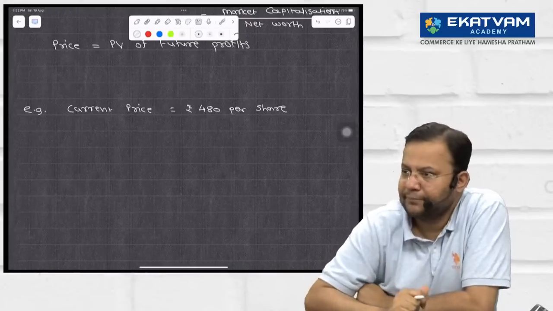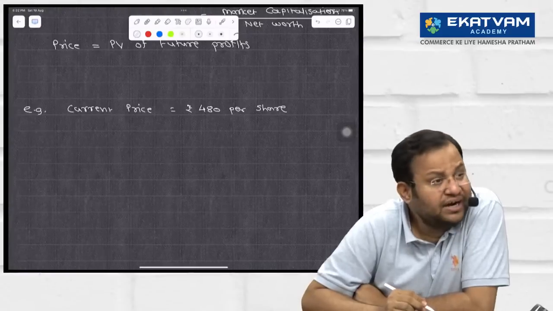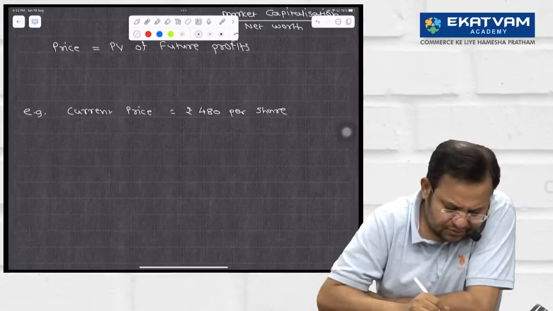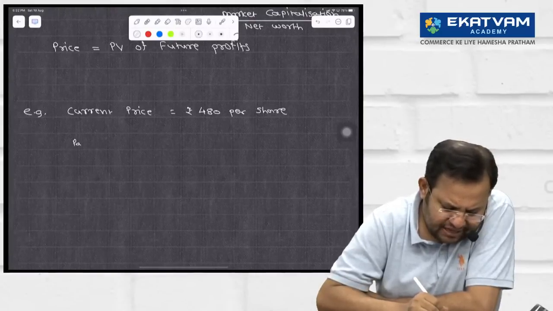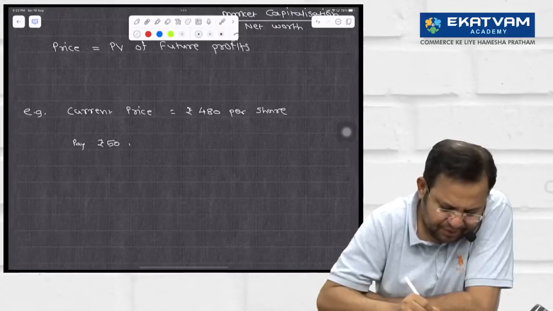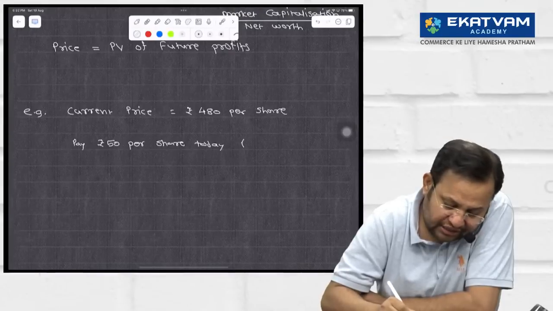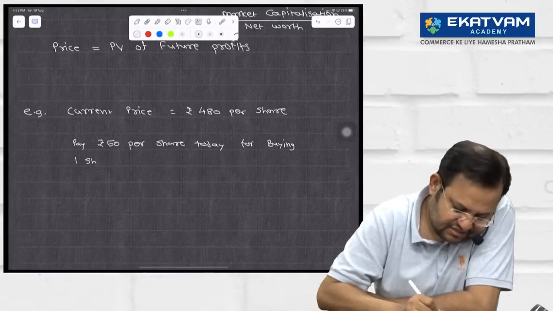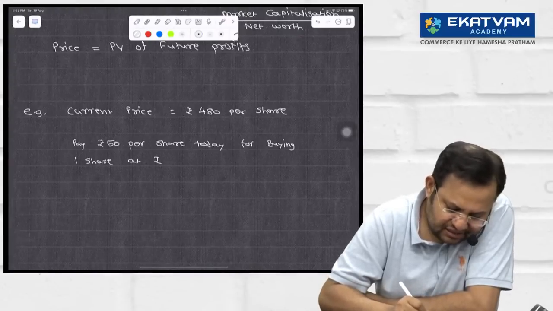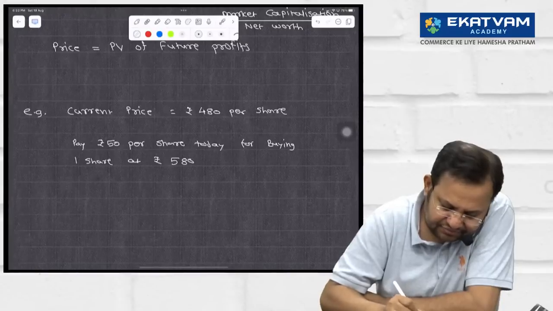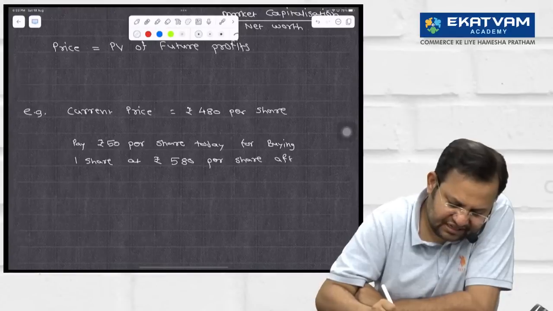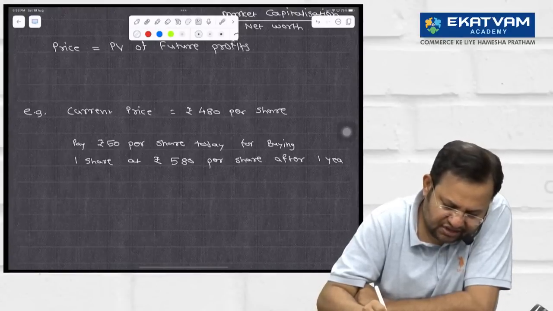To the promoters I say, pay ₹50 per share today for buying one share at ₹580 per share after 1 year from today.